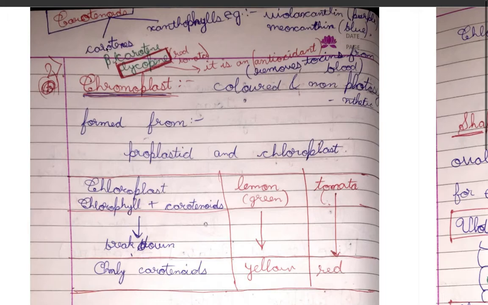Carotenoids have two parts, carotenes and xanthophylls. Examples of carotenes are beta carotene and lycopene, which is present in the red tomato. It is an antioxidant, removes toxins from blood and liver. Examples of xanthophylls are violaxanthin and neoxanthin. Violaxanthin is purple and neoxanthin is blue.